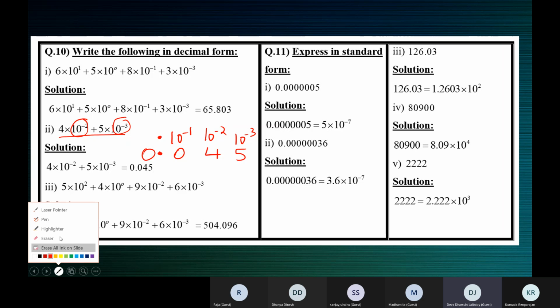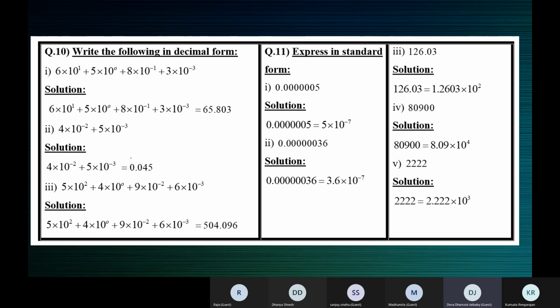And the third one, 10 square, 10 power 0, 10 to the power minus 2, 10 to the power minus 3. So we'll have to start from 10 square. So 10 to the power 2, 10 to the power 1, 10 to the power 0, decimal point, 10 power minus 1, 10 power minus 2, 10 power minus 3. So 10 square, we have 5. 10 to the power 0, we have 4.